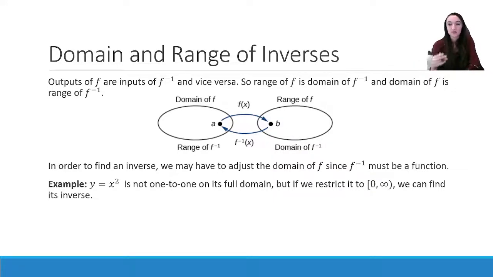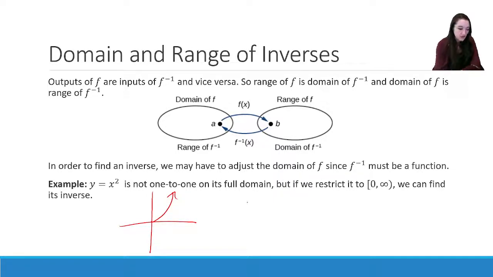So for example, y equal to x squared is not 1-to-1 on its full domain, right? Y equal to x squared looks like this approximately. But if we restrict the domain to 0 to infinity, we can find its inverse. So restricting the domain means basically cutting off this part. So we now have just this part of it.